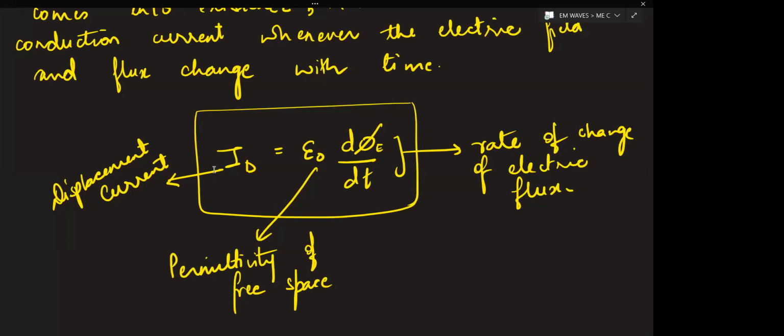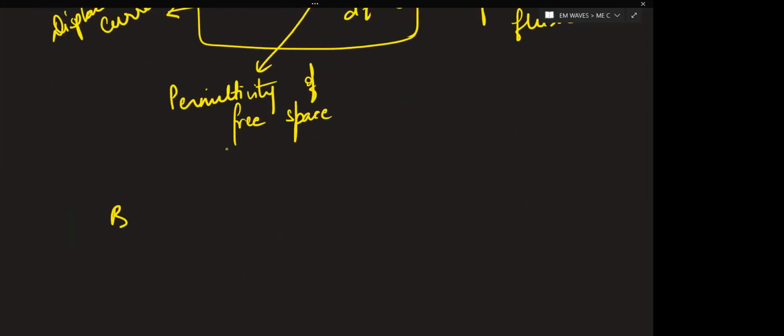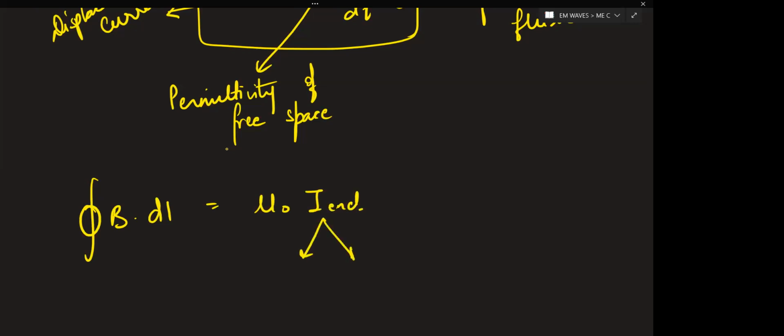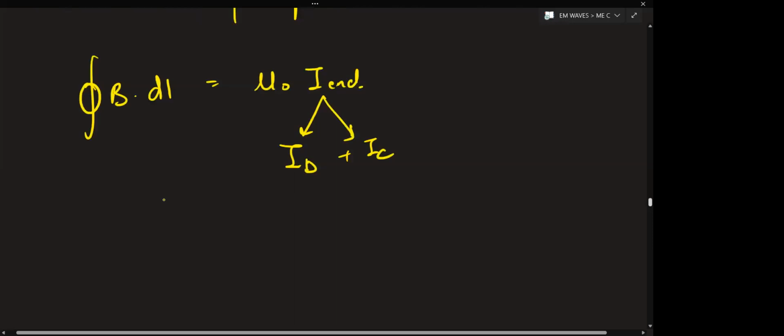So now if you put it in the Ampere circuit law, B dot dl for a closed loop, line integral of magnetic field, will be equal to mu naught times the current enclosed. And what's the current enclosed? Now the current is the displacement current plus the conduction current that you had. This now makes your complete I enclosed. So the formula will be: closed integral of B dot dl becomes mu naught times (ID plus IC).